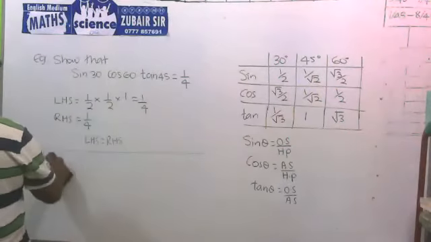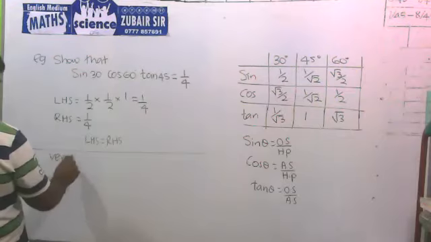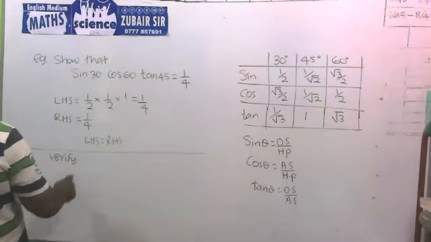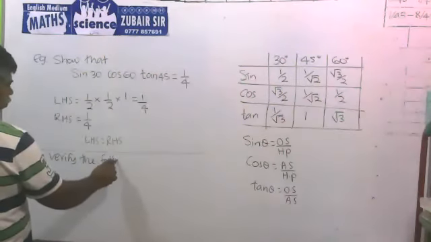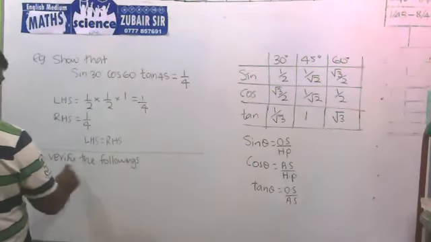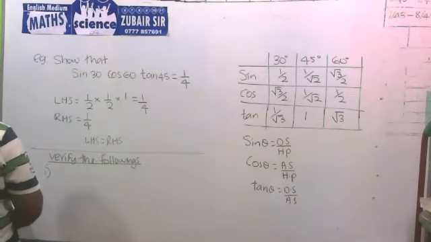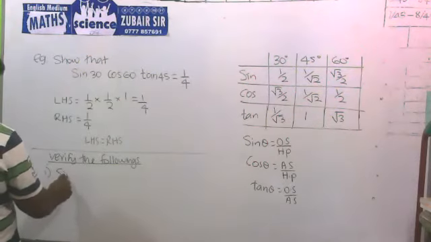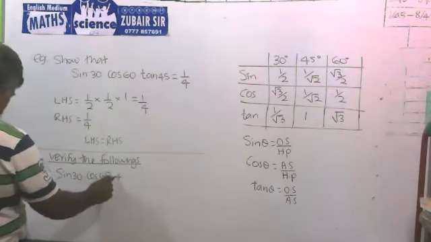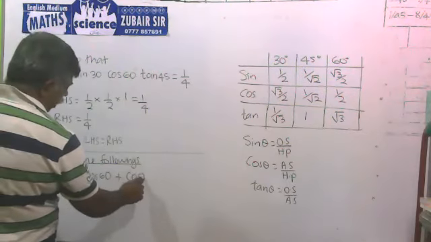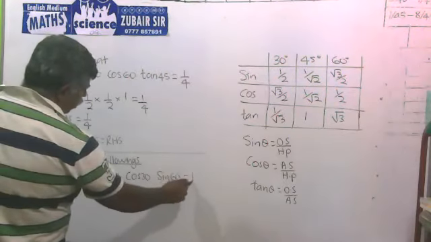So they are asking show or verify. So verify the following. One is sin 30 cos 60 plus cos 30 sin 60 equal 1.